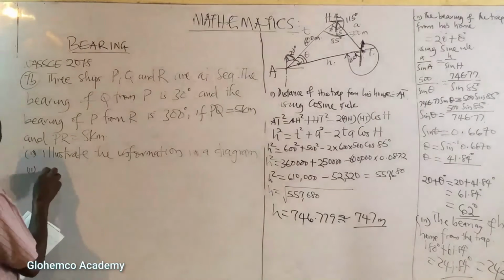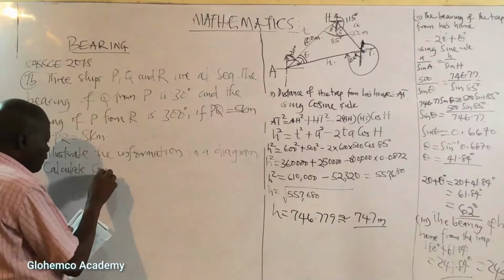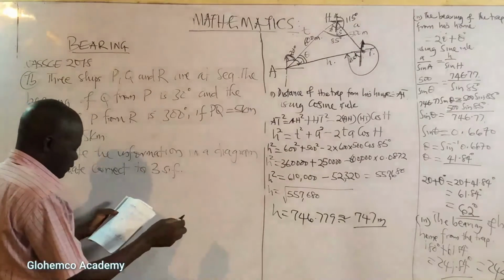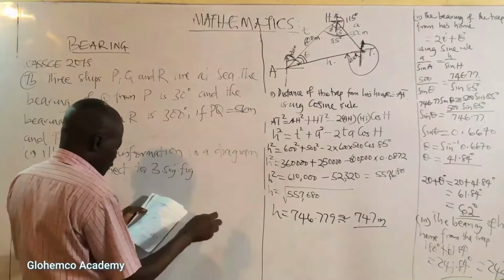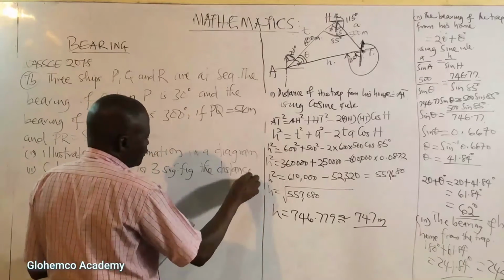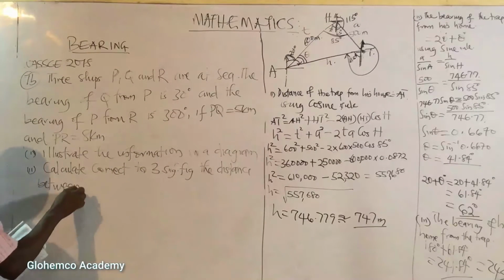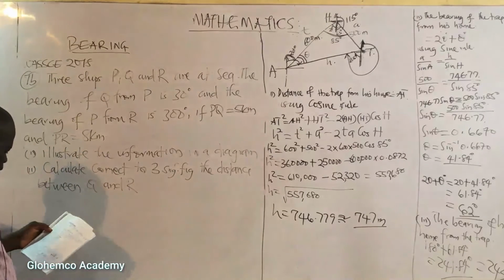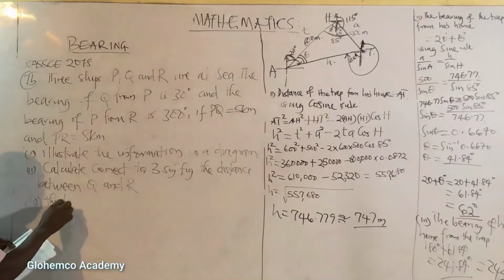Second, calculate, correct to 3 significant figures, the distance between Q and R. Then lastly, the third one, the bearing.